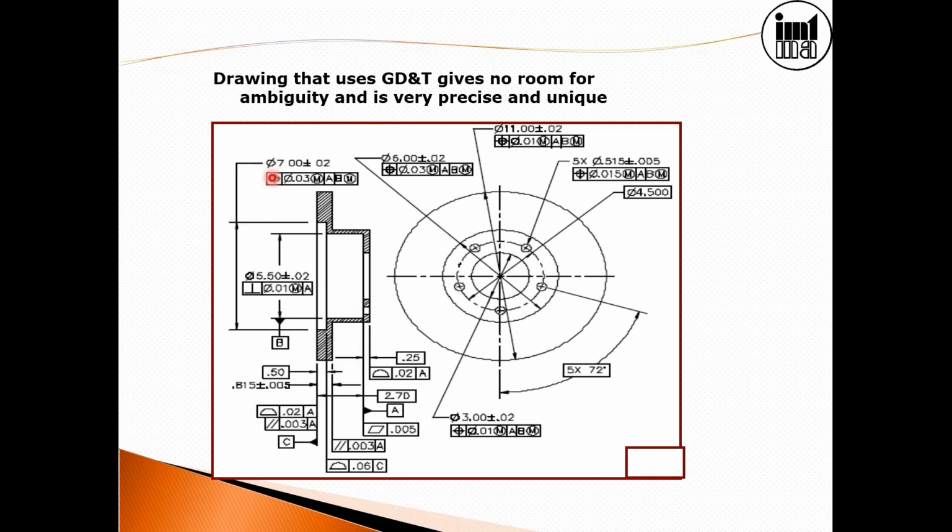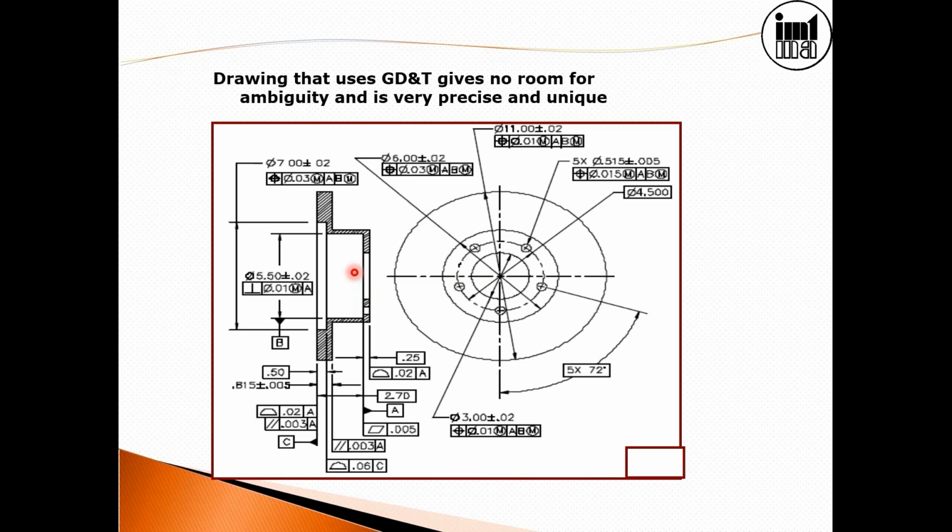These are the position tolerances. Position of this axis should be within 0.3. It should be parallel with respect to A. What is parallel? This surface should be parallel with respect to this surface. This should be parallel with respect to this.